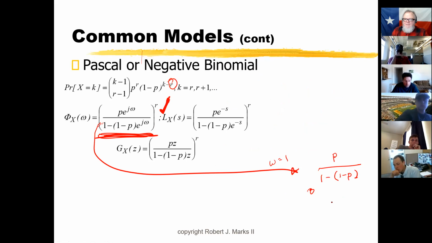Correct? And of course, that's equal to 1. So we see in all of these cases, we pass a sanity check, a criterion for the characteristic function. Evaluated at 0, it better always be equal to 1.